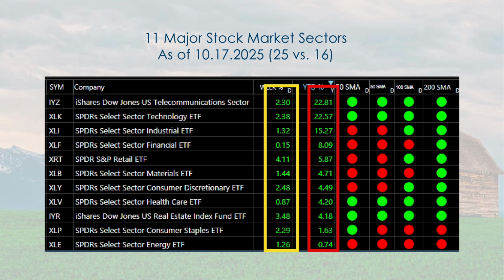Isn't that interesting? To the right of that are the red dots and green dots indicating above or below their 20, 50, 100, 200-day moving averages. So basically a very positive report for the market as of last Friday.